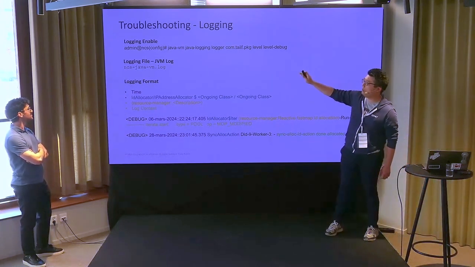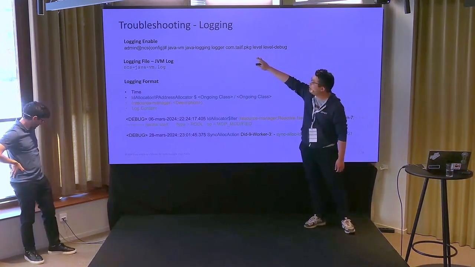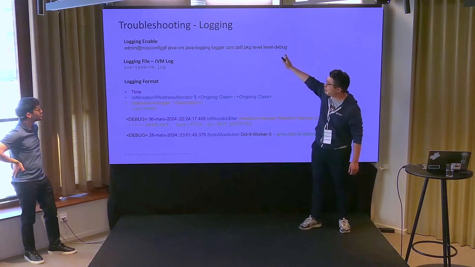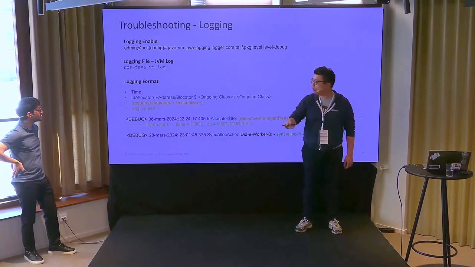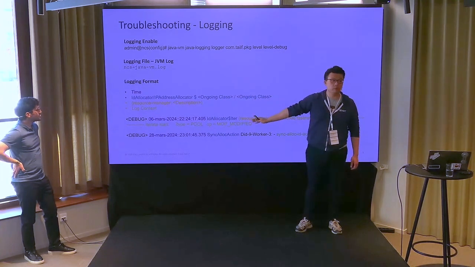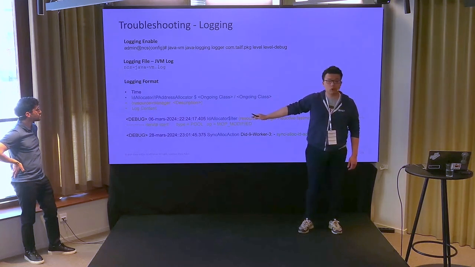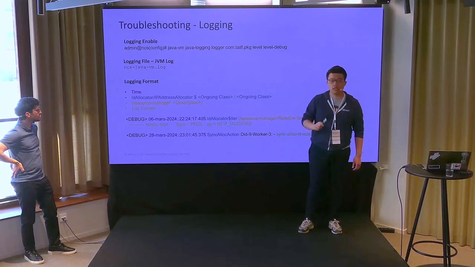To enable detailed logging, you have to set the Java VM level to debug. By setting so, in the Java VM log you will see more detailed logging, which shows you what exactly the subscriber is doing in asynchronous mode. In synchronous mode, it will also show, by directly interacting with the allocator, what is happening.